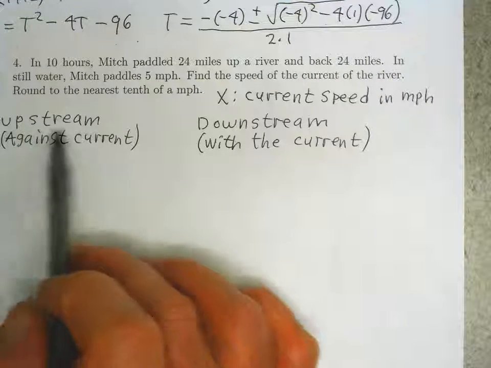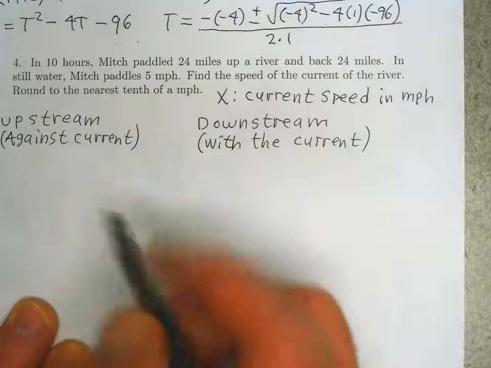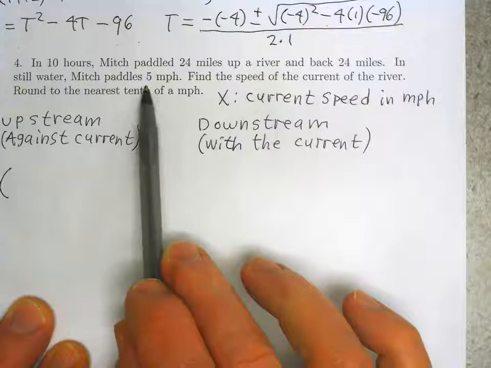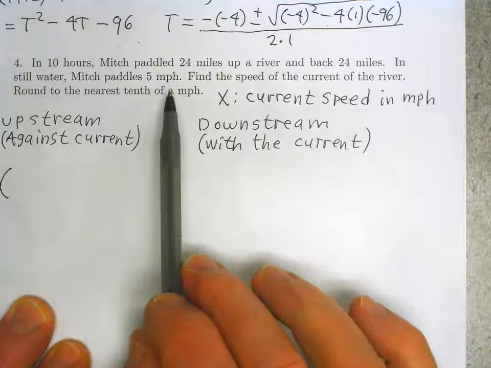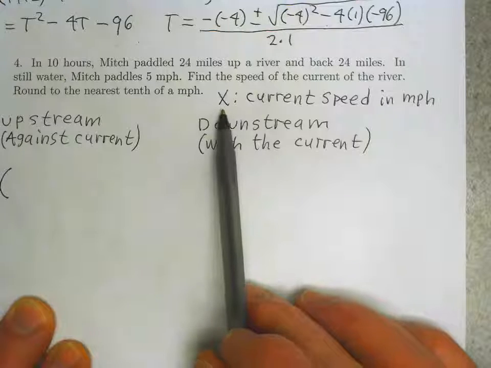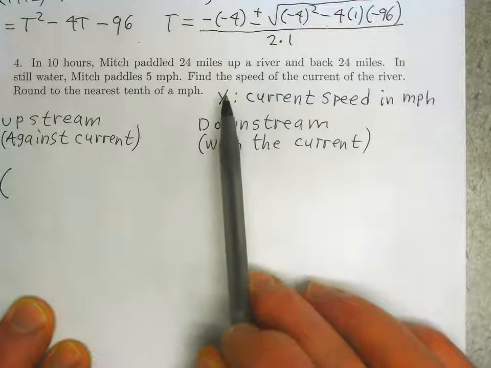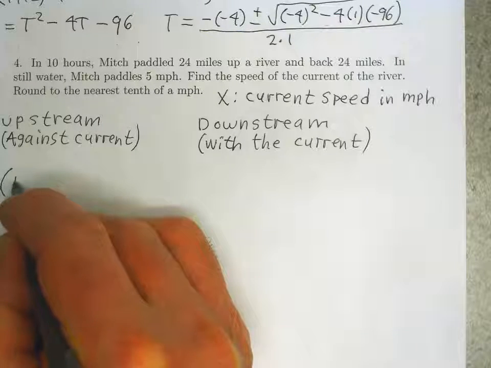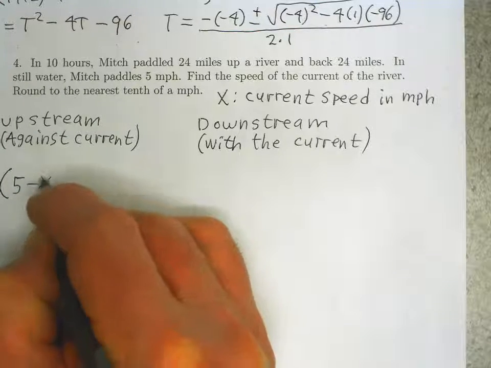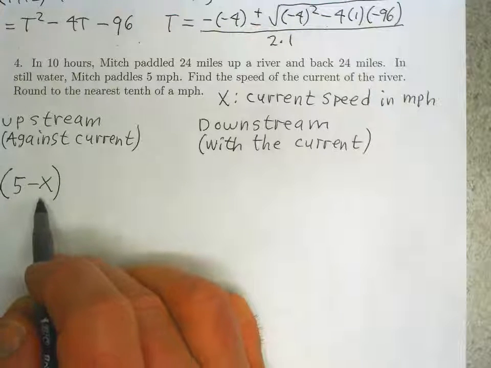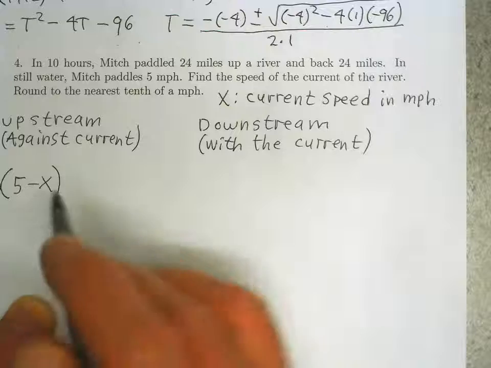When he's going upstream or against the current, he's going slower than 5 miles per hour because the current is holding him back a little bit. It's holding him back by the speed of the current. So the boat will be traveling at 5 minus x miles per hour.